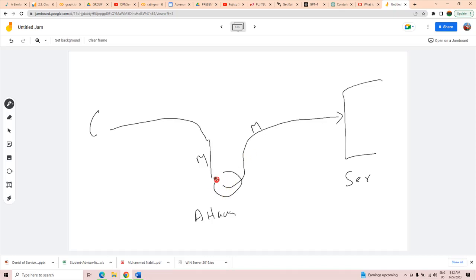So here what happens is the attacker is able to capture the message, he can modify the message, he can compromise the confidentiality of the message, and he can use the same message to log in to the server after some time. Clear?